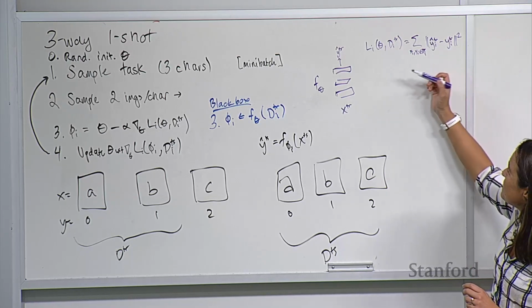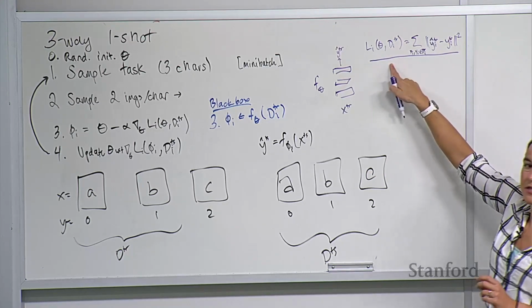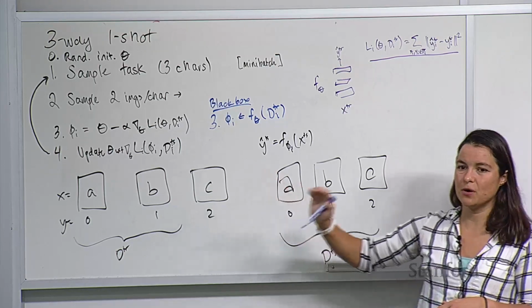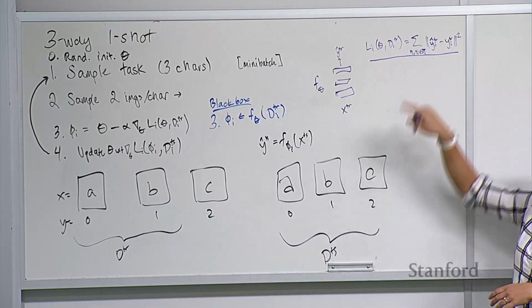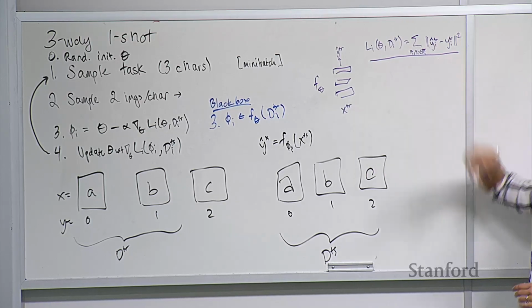And so this is kind of the definition of this loss function, and this is how you're going to get the gradient. And so you're not actually going to be passing in the labels into the network, but the labels will still come into play when you're comparing the predictions from the model to the ground truth predictions.